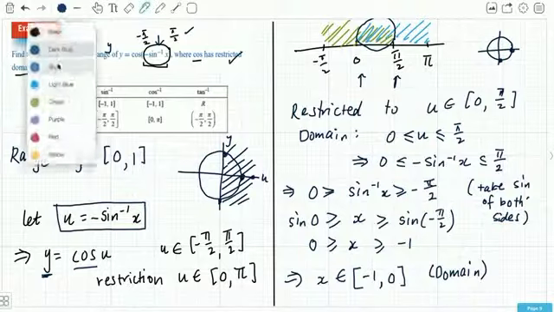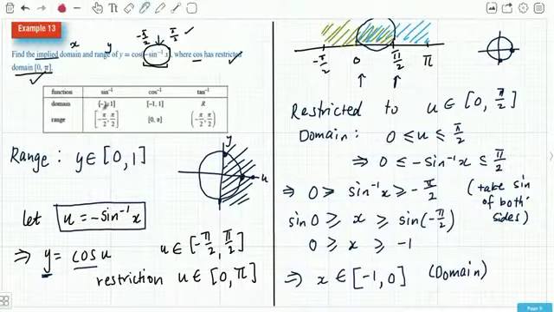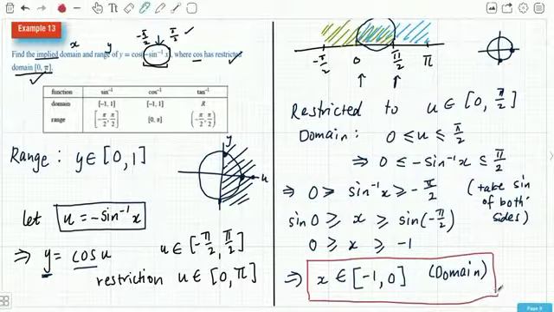So we've got two important things here. The implied domain, in terms of x, is between -1 and 0. The reason is that we needed to make sure we had a compatible region that was between the acceptable range of values for inverse sine and also the restricted domain. If you didn't have that domain restriction, this would be an easier question because you could just work straight from this, without the extra step of the additional restriction.